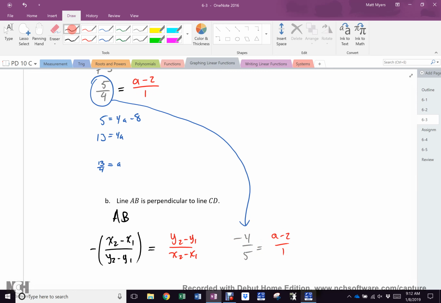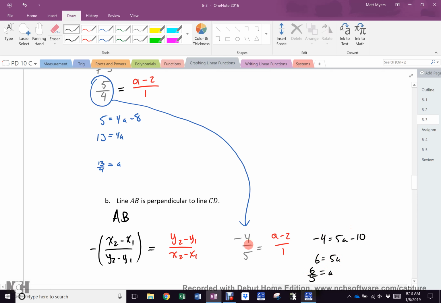And then the work would be -4 equaled 5a minus 10. Multiply. Add 10 to this side. 6 equals 5a, and a equals 6/5. Does everybody see why I was able to do this?